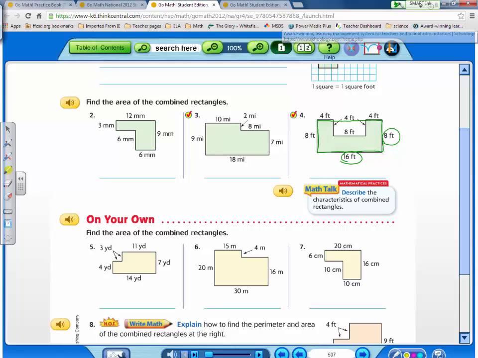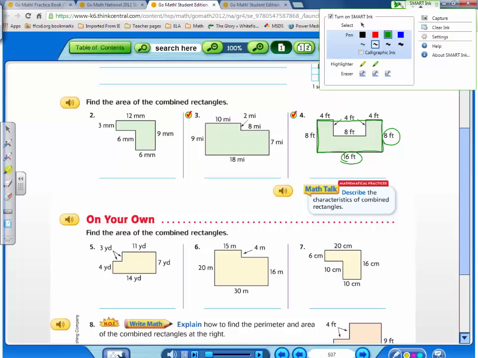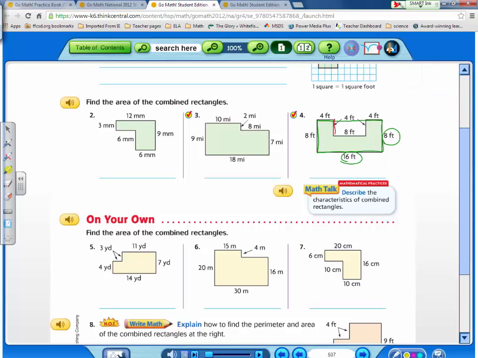And then I could subtract off this inside area that I don't want. The only thing, we have to be really careful to find those dimensions. That would be an 8, and this arrow is saying that this spot right here is a 4. So I would take off the 8 times 4, or 32, to do that one. So you can break the shapes up into different places.